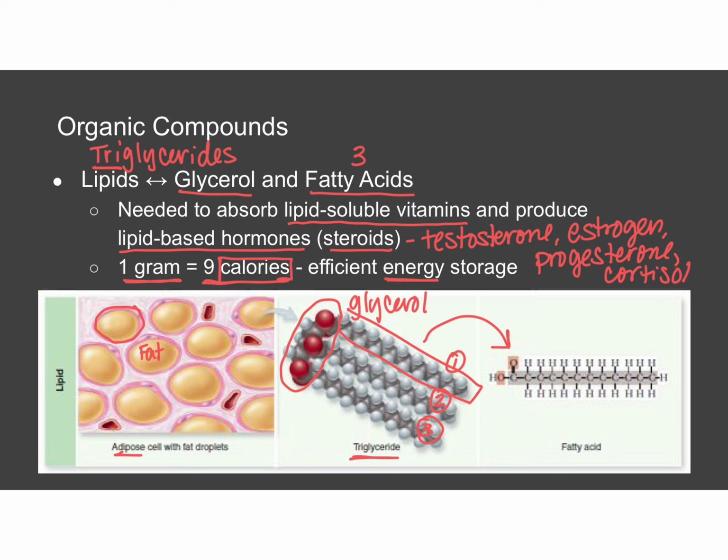Now, for proteins and carbohydrates, 1 gram of those macromolecules only has 4 calories associated with it. And so it's much more efficient. You get more than twice as much energy stored in the same amount of weight as you would if you were storing it as protein or carbohydrates.